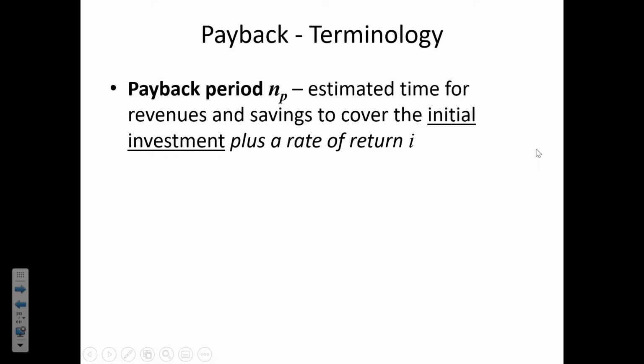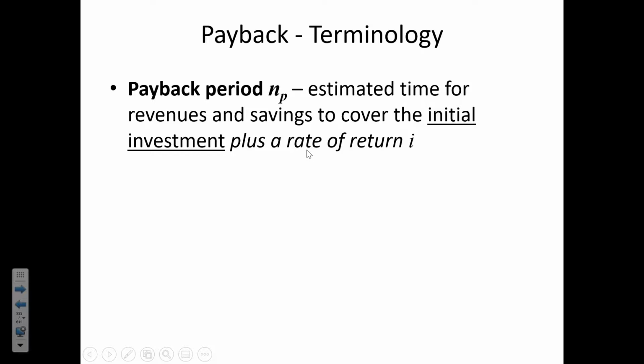Just some terminology that we're going to be using today. The payback period is how long it takes to cover the initial investment plus a given rate of return. And what you're covering that initial investment and rate of return with is the net revenue or cost savings.